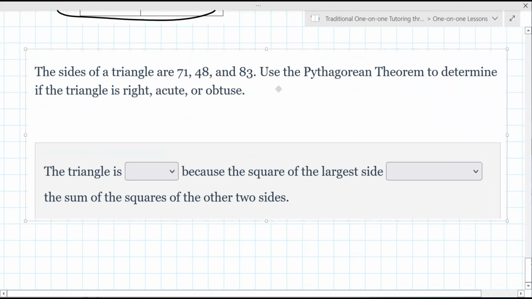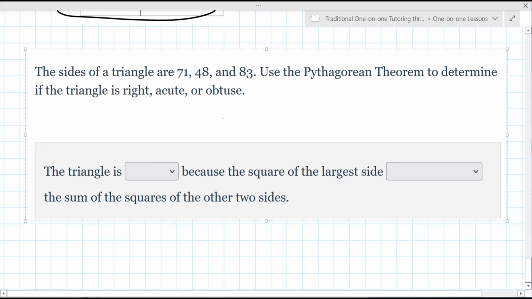All right, so go ahead and give that a try, please. 48 squared and 71 squared.